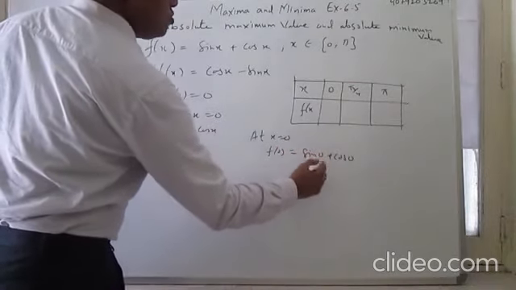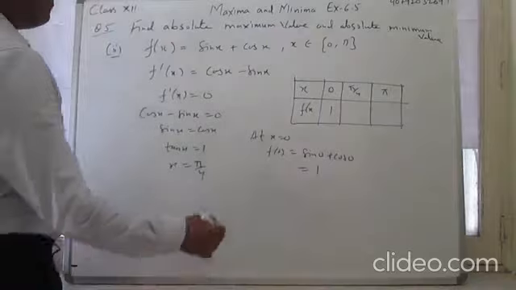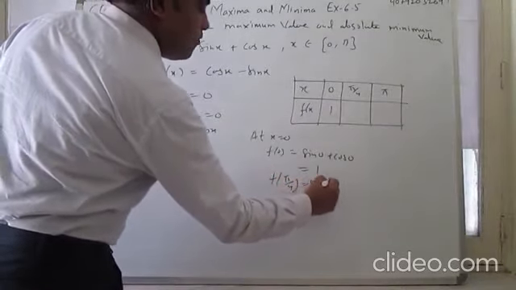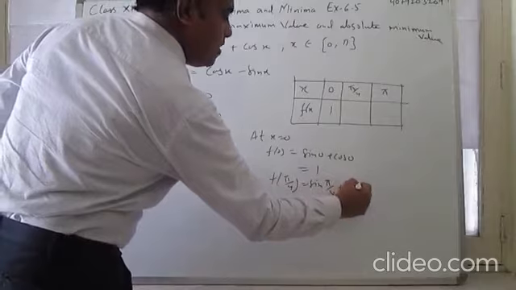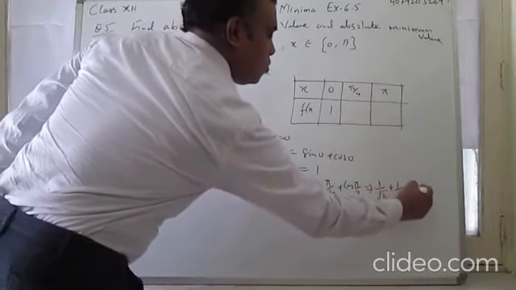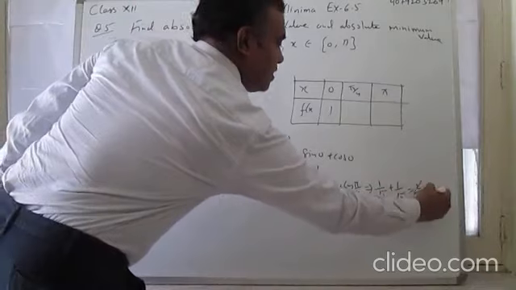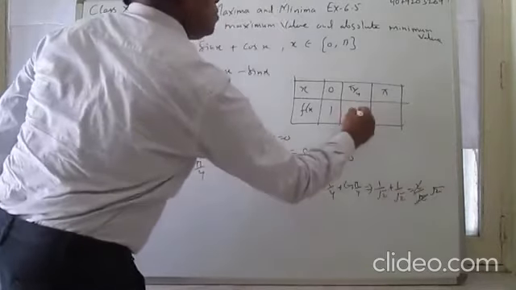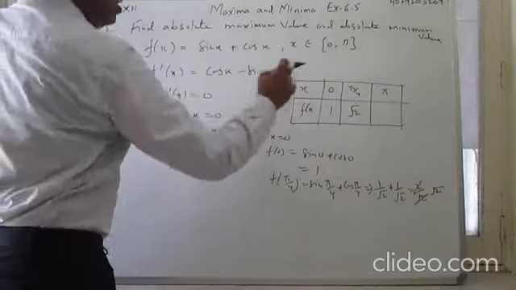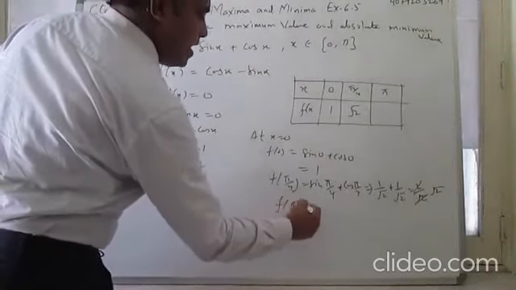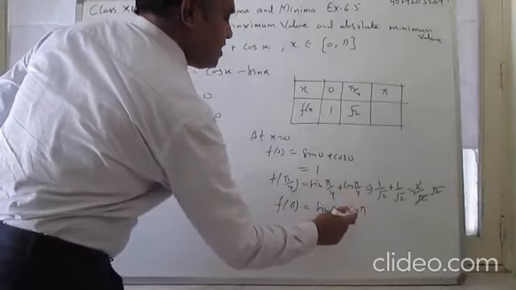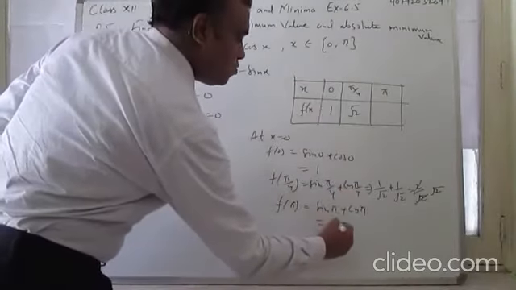It means sin 0 is 0, cos 0 is 1. pi by 4 पे क्या आएगा? sin pi by 4 plus cos pi by 4, यानी कि 1 by root 2 plus 1 by root 2, 2 upon root 2, यानी कि root 2. Now other is pi. pi पे क्या आएगी? sin pi plus cos pi. sin pi is 0, cos pi is minus 1.